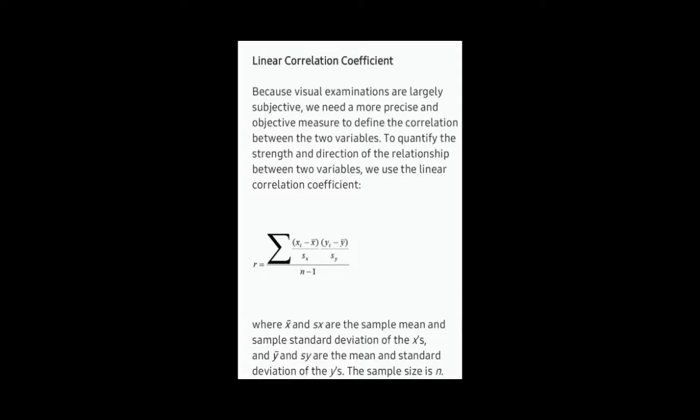We're going to use the formula r is equal to the summation of x sub i minus x bar multiplied by y sub i minus y bar, divided by s sub x and s sub y, all divided by n minus 1, where x bar and s sub x are the sample mean and standard deviation of the xs, and y bar and s sub y are the mean and the standard deviation of the ys. The sample size is n. These are the alternate computations, or the other formula, to compute the correlation coefficient.